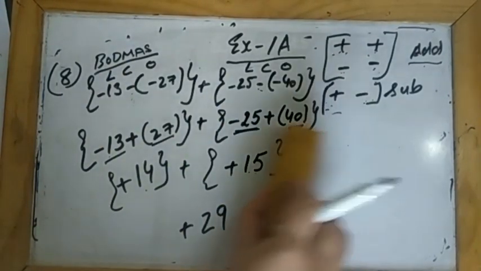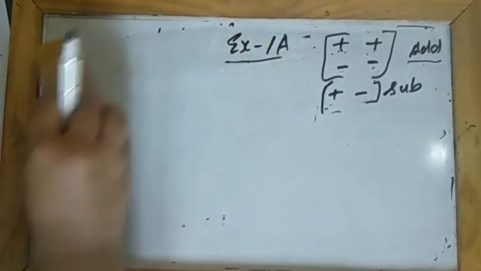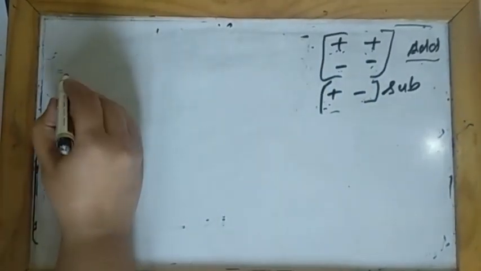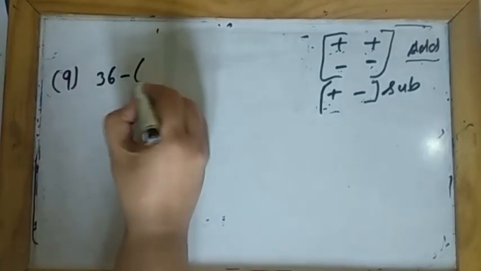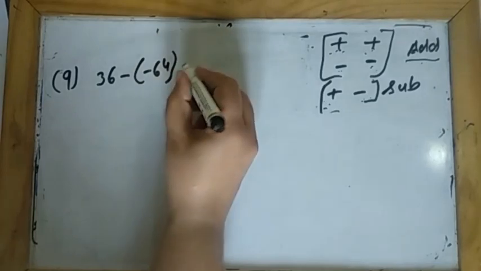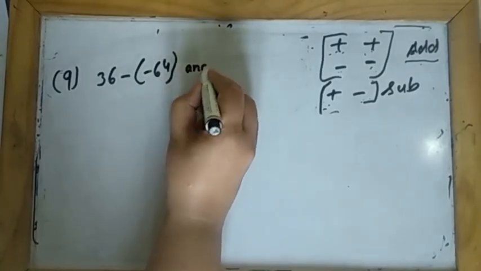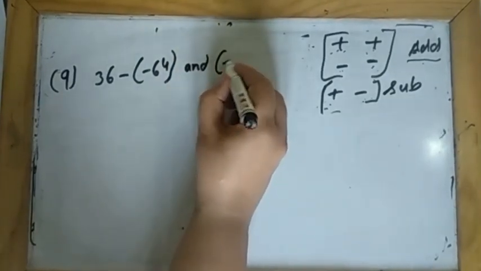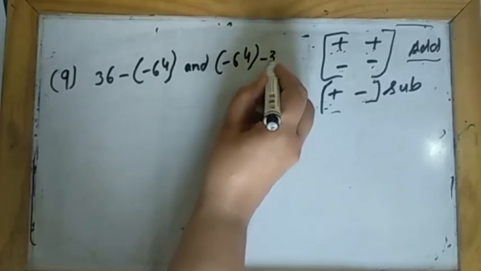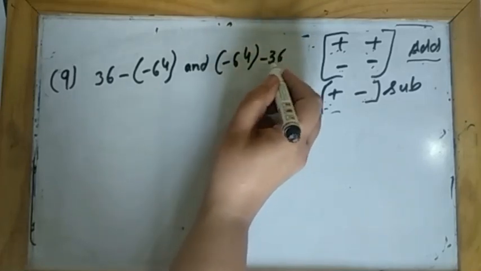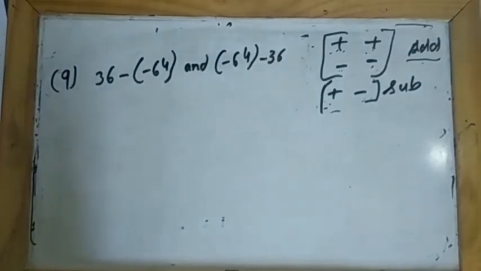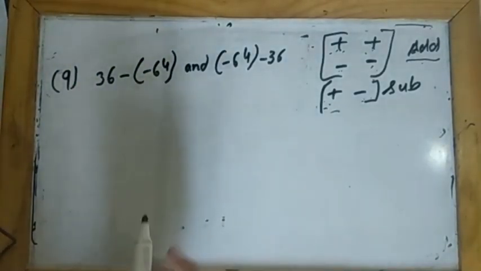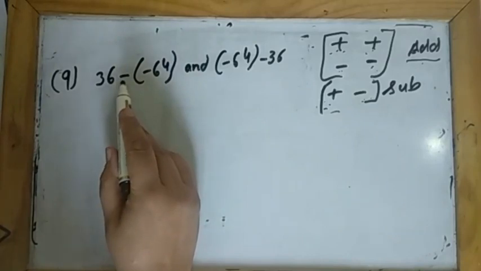Okay, now come to the ninth question. The ninth question says find 36 minus 64 and minus 64 minus 36. They are asking you to find the value of these two, and whether they are equal.